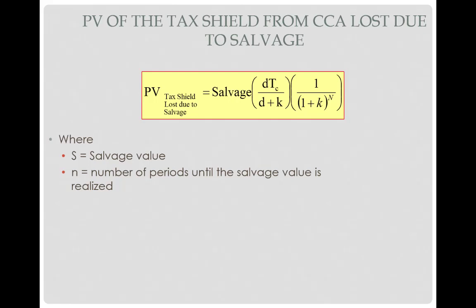And that's worked out by taking the salvage value times dT over d plus k. Again, those letters mean the same things as they did before. Over 1 plus k to the power of n. So you're bringing that tax shield lost at some point in the future into today's dollars. And again, we'll look at an example in just a second here that I hope will clarify all of this.